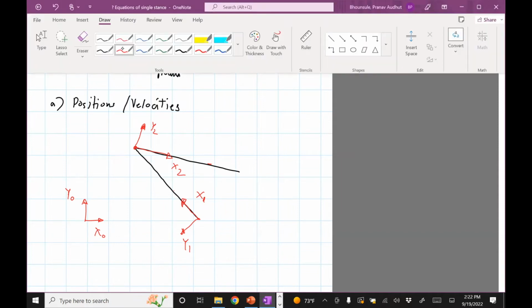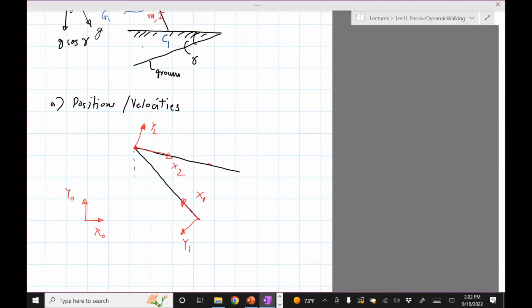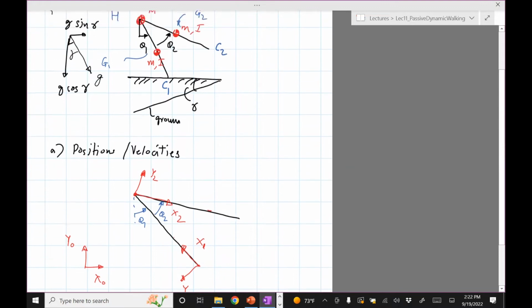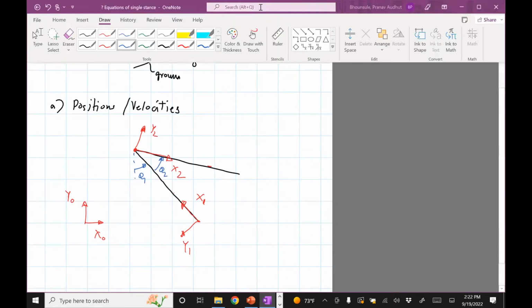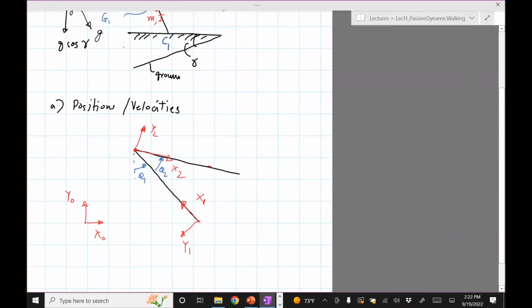Let's try to fill in the angles. Theta1 and theta2. This is something which I wrote from that figure. Okay, so we have all the frames. Let's try to give some coordinates.